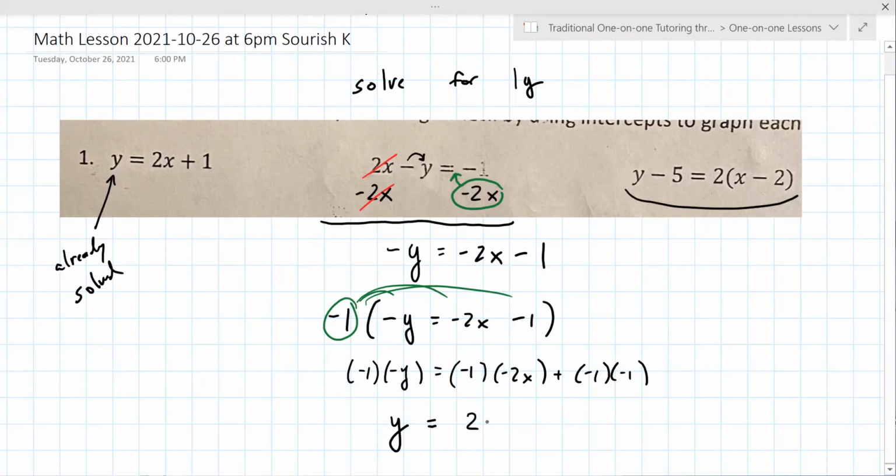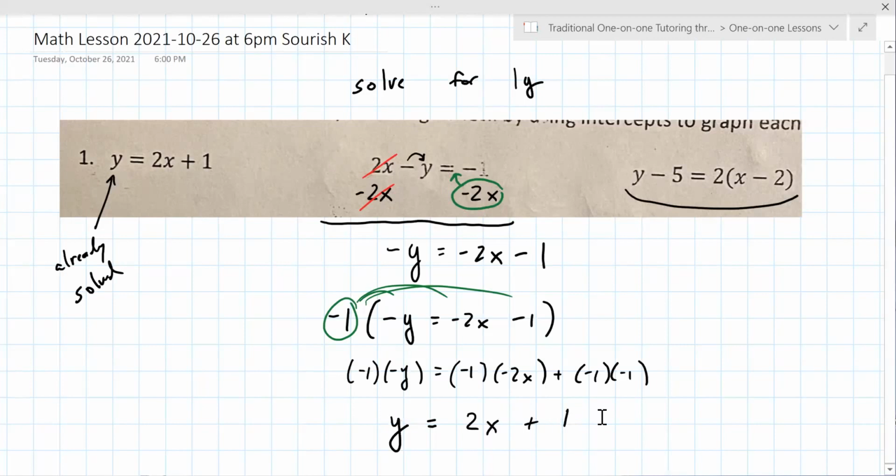So this is 2x plus a positive 1. Let me know if you're caught up to this point, if this is clear. Okay, I got it.